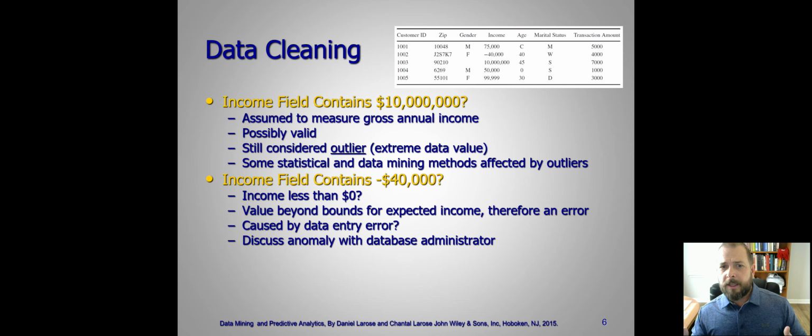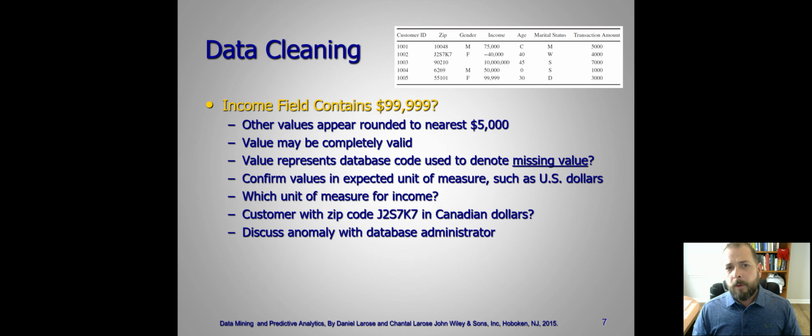We also see that all the income values are rounded to 50,000, 40,000, 75,000. Why is there a 99999? These are the kinds of things that we need to be careful with, examining these values to make sure they're valid and haven't been entered incorrectly.